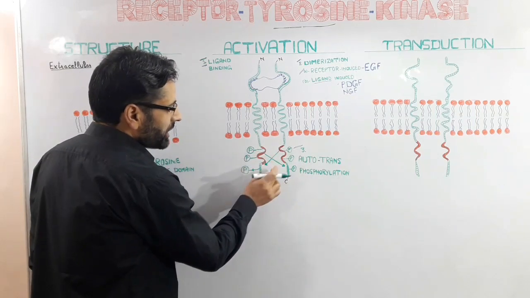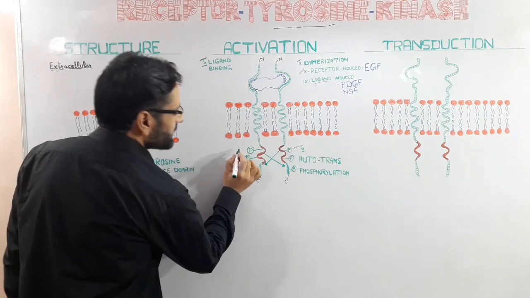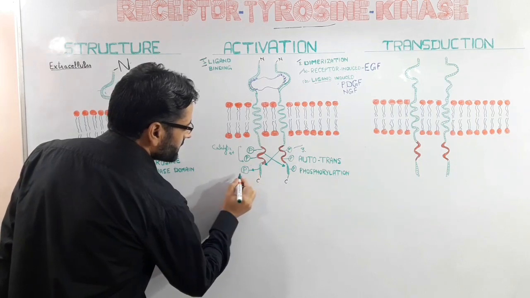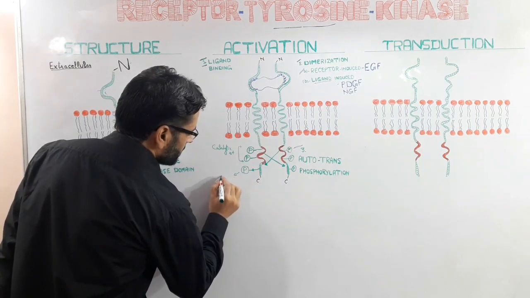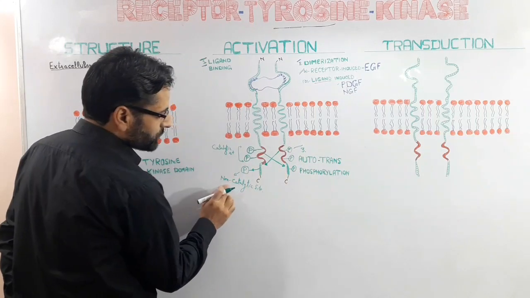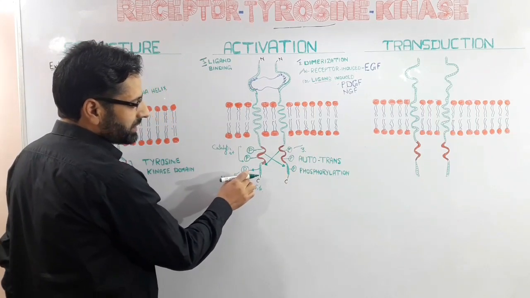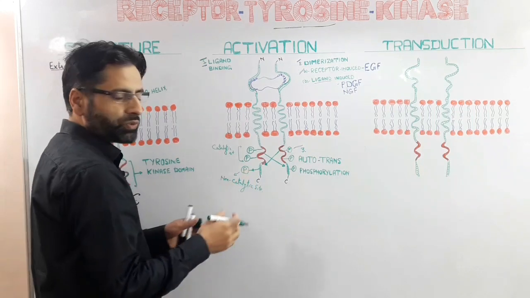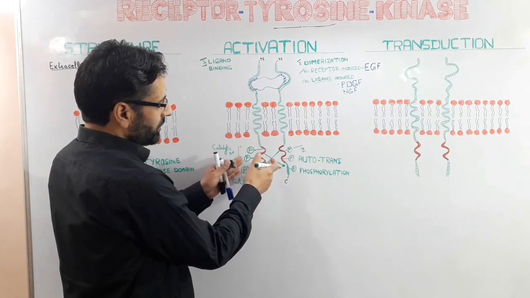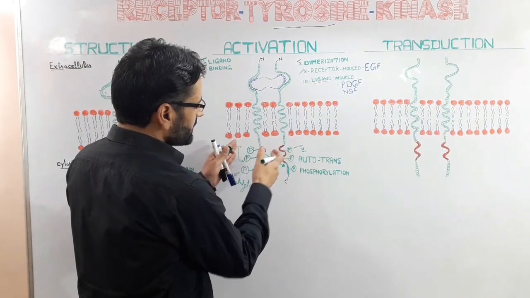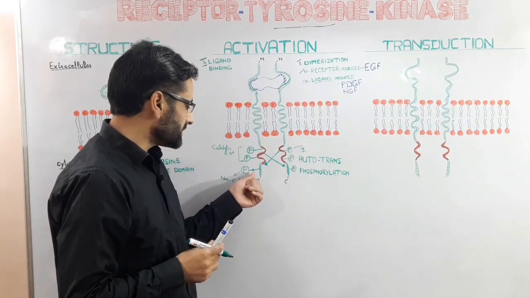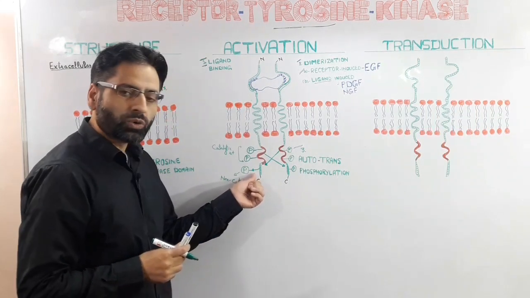Here you can see the phosphorylation occurs in this catalytic site, and in this case it is the non-catalytic site. So this catalytic site as well as the non-catalytic site will now have tyrosine amino acids which are phosphorylated. This increased catalytic activity not only phosphorylates the tyrosine amino acids present in the catalytic site, but it also phosphorylates the tyrosine amino acids present in the non-catalytic site.